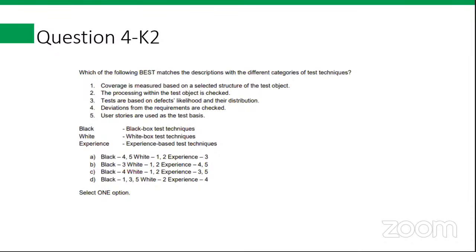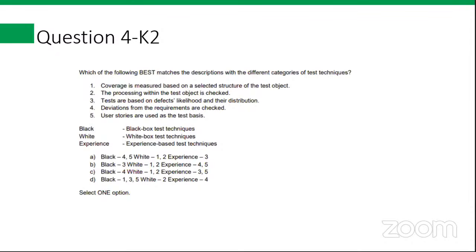So the first option is coverage is measured based on a selected structure of the test object. If you just look at the statement here, go for the keyword you are checking. Just make a note of the keyword: structure. Anything that is related to the internal structure is related to white box testing.